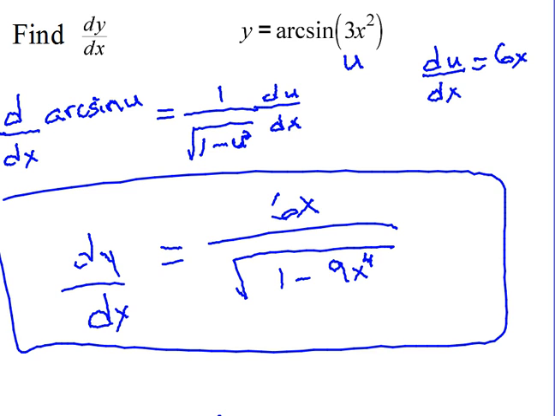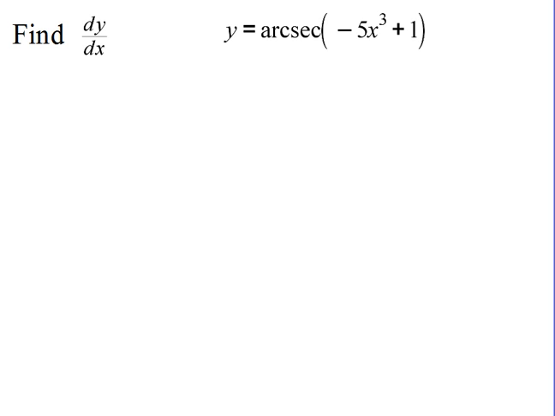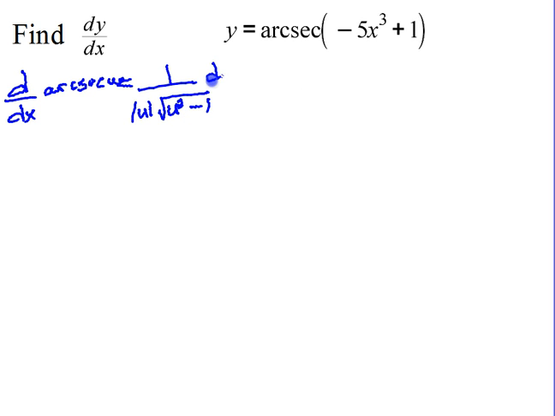Okay, let's take a look at another one here. If we have y equals arcsecant, now we know that d dx of arcsecant of u is going to equal 1 over the absolute value of u times the square root of the quantity u squared minus 1, times du dx. Okay, so our u in this case is negative 5x cubed plus 1, and our du dx is going to be negative 15x squared.